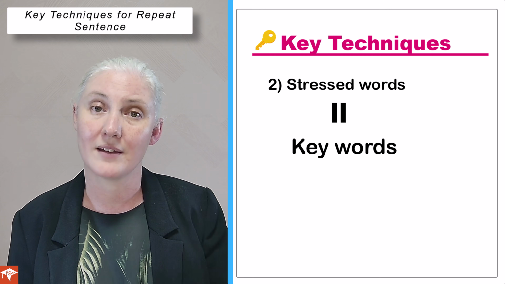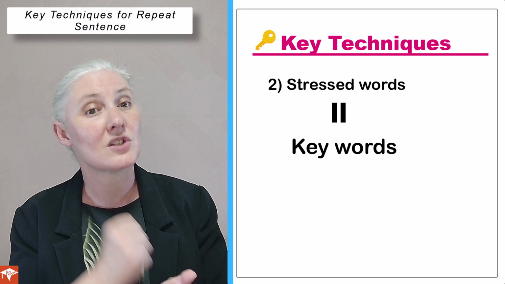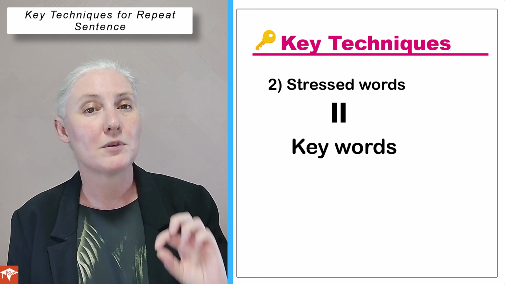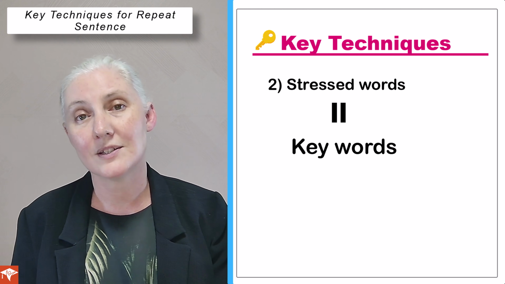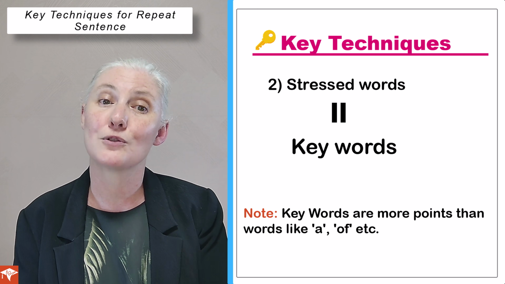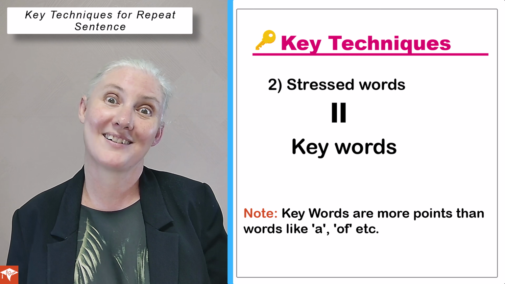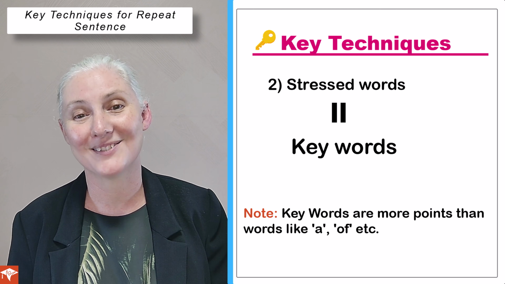I'm sure you felt that. Well, relax. As long as you listen for the stressed keywords and repeat them in order, you're giving your listener the most important information. So the PTE algorithm will reward you. You'll get some points because, hey, at least you got the keywords.